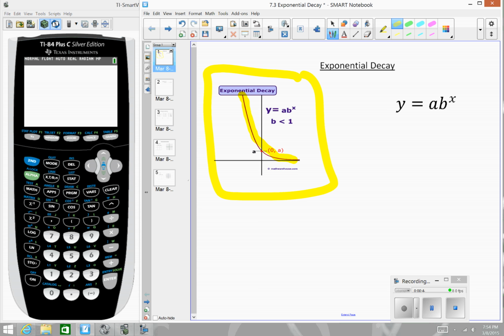Now this is very similar to the exponential growth model that we talked about. We're still going to have an A value, we're still going to have a B value, we're still going to have an X value. So everything's the same. So our A value, like we talked about last week, is going to be our initial value.